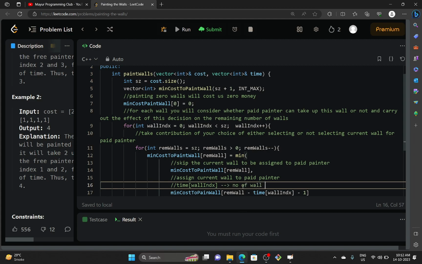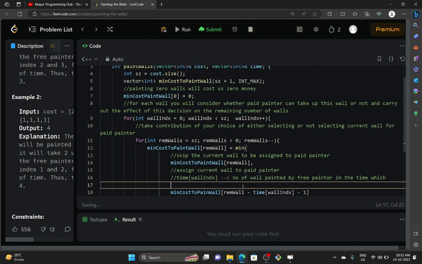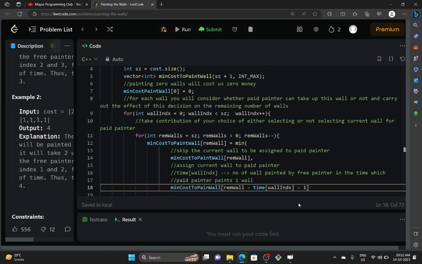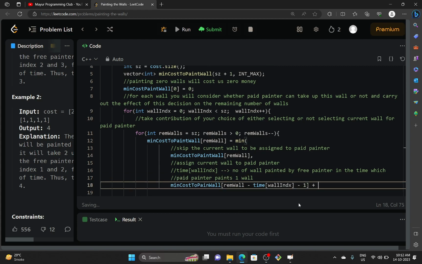Number of walls painted by a free painter in the time which the paid painter paints one wall, plus the cost to paint the current wall, which will be the cost at wall index. So this will be the equation.